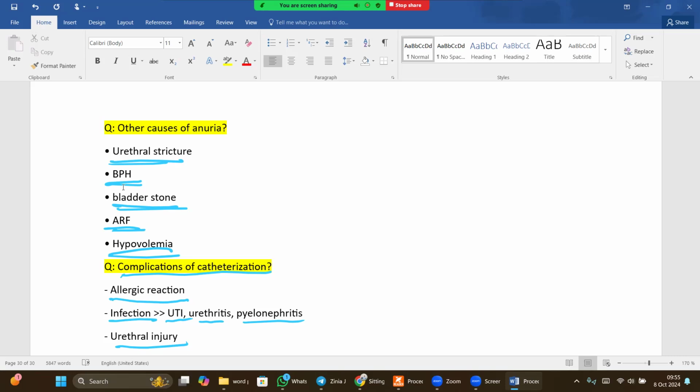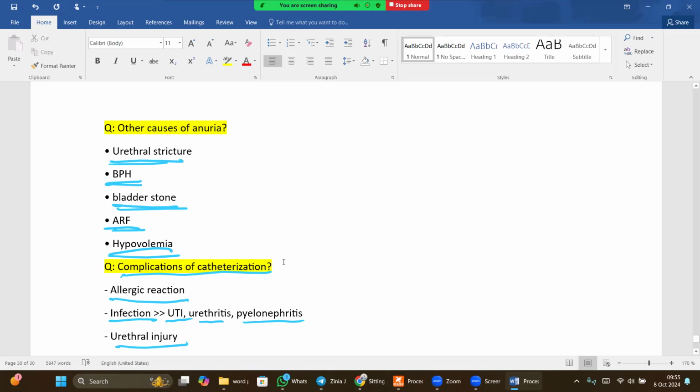First, urethral stricture, benign prostatic hyperplasia, any bladder stone obstructing the urethral orifice, acute renal failure, and hypovolemia. The first cause of anuria will be hypovolemia.